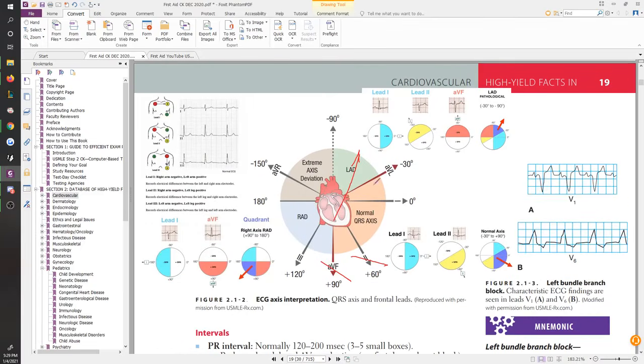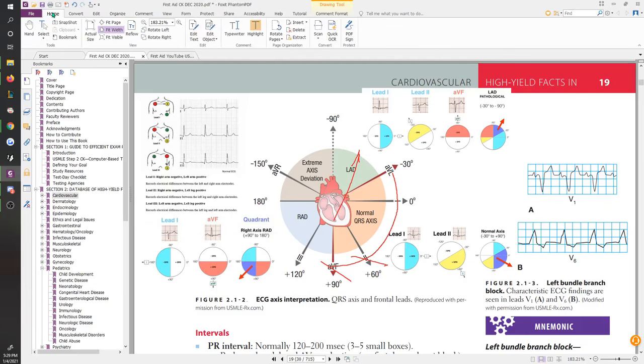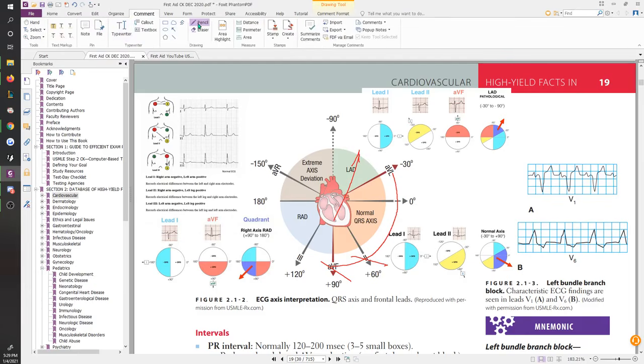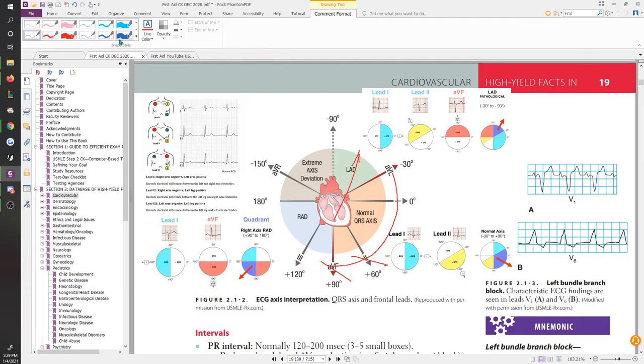Because you see how your normal axis incorporates AVL, 1, 2, and AVF, right? All 4 of those leads. So now if things have a left axis deviation, it must not be on this area anymore, and things shifted up. So if I change the color of this pencil just for common purposes, let's see, and then I pick something like this blue.